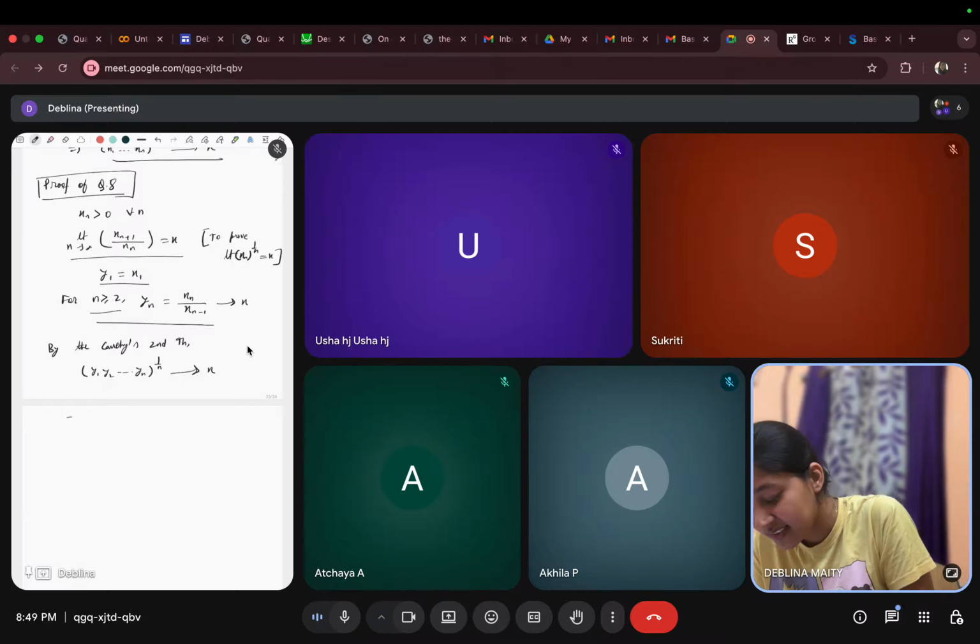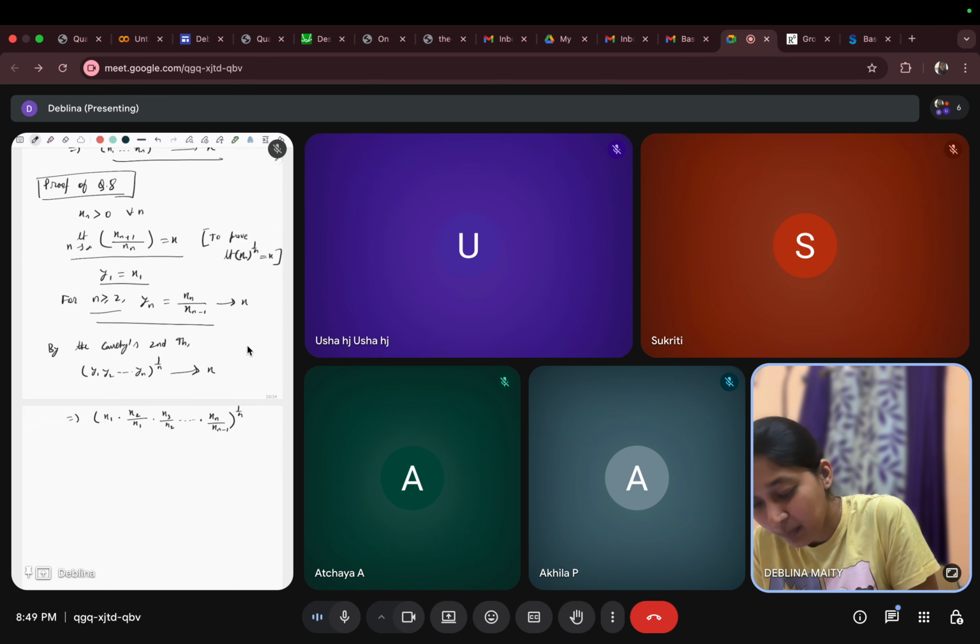And what is this? y1 is what? y1 is x1, y2 is x2 by x1, y3 is x3 by x2, like this, and the last term is xn by xn minus 1.